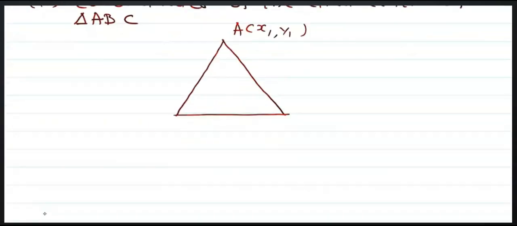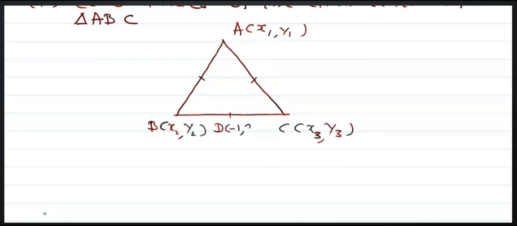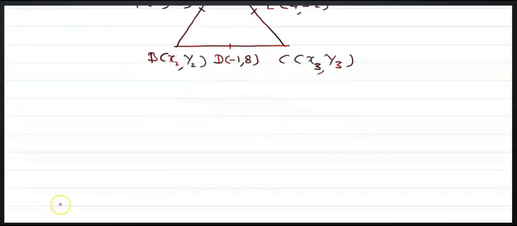Now see this here, A(x1, y1), B(x2, y2), C(x3, y3). They have their midpoints D(minus 1, 8), E(4, minus 2), F(minus 5, minus 3).